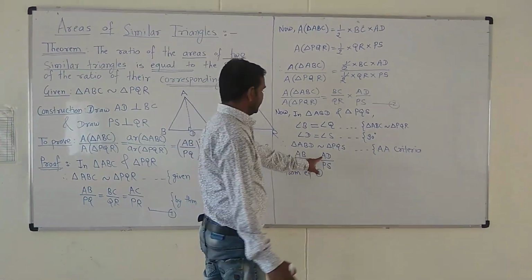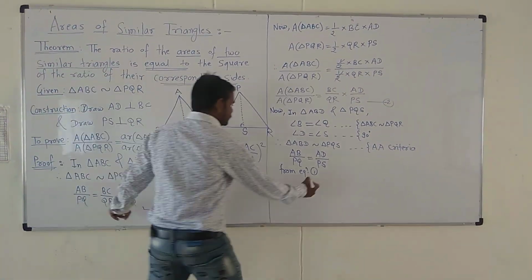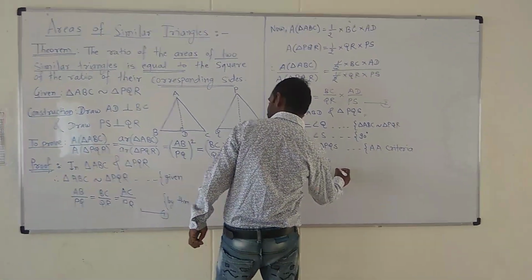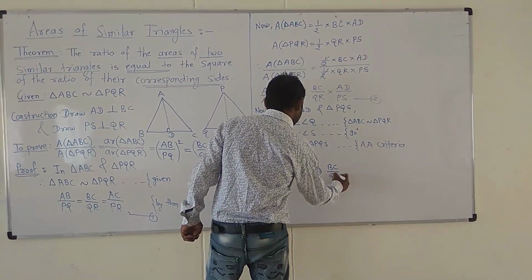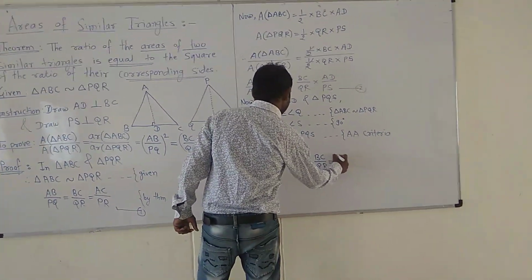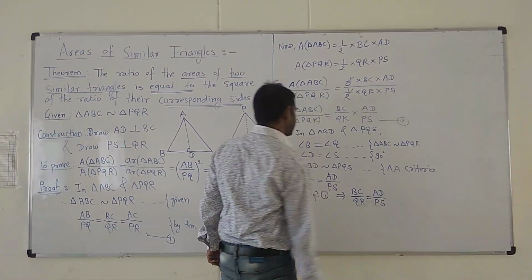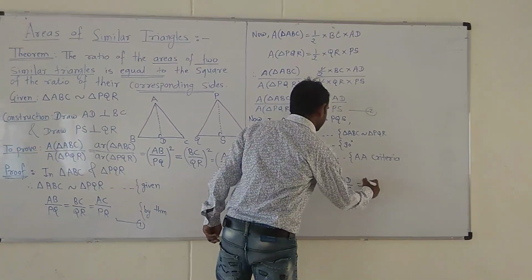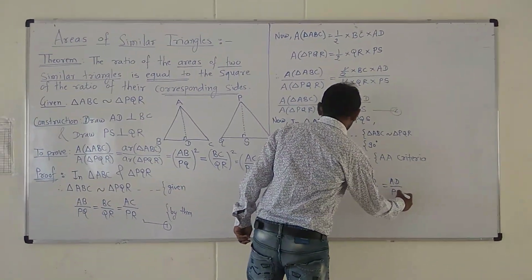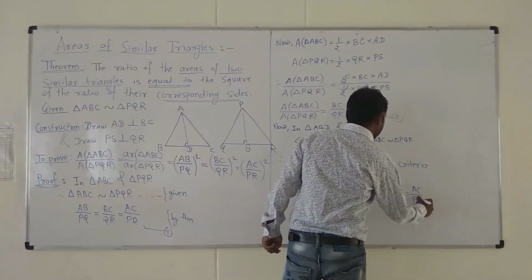So AD upon PS is also equal to BC upon QR, which equals AB upon PQ, which equals AC upon PR.